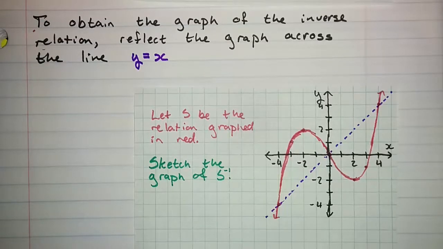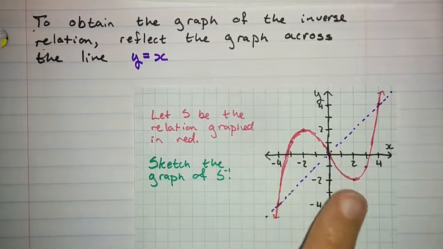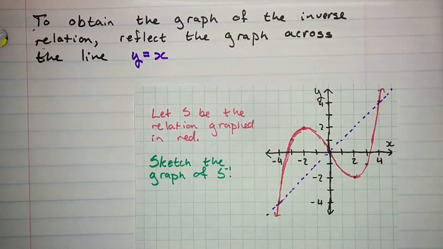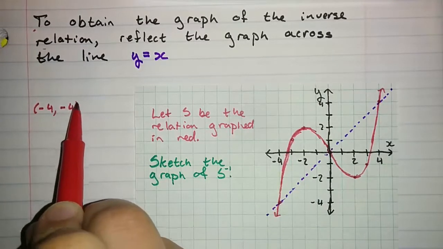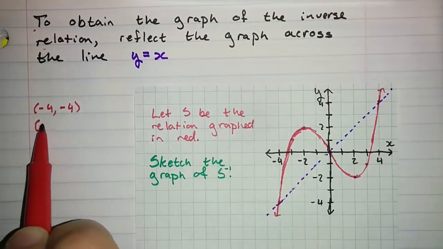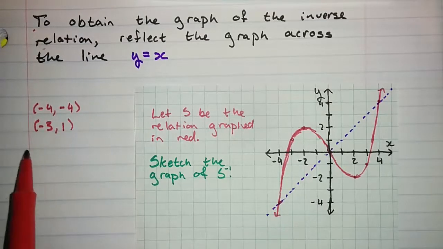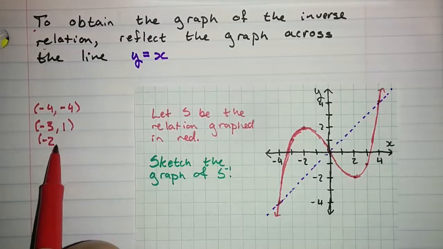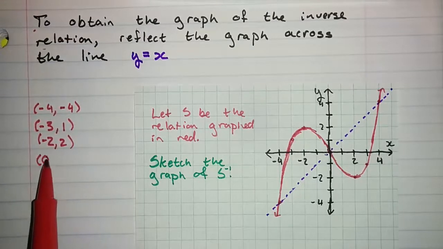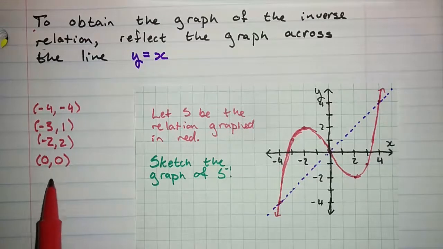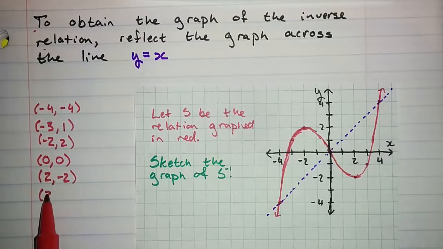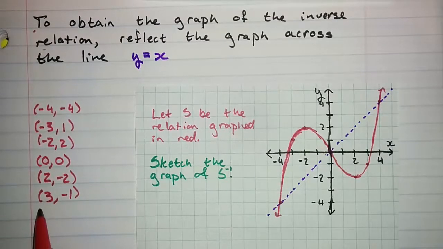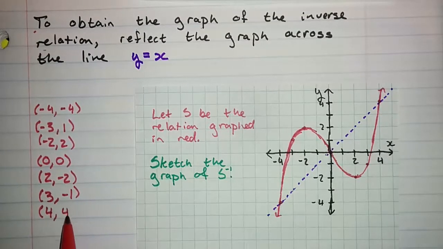Okay, my hint is that a list of points on the graph of S might include (-4, -4), (-3, 1), (-2, 2), (0, 0), (2, -2), (3, -1), and (4, 4).